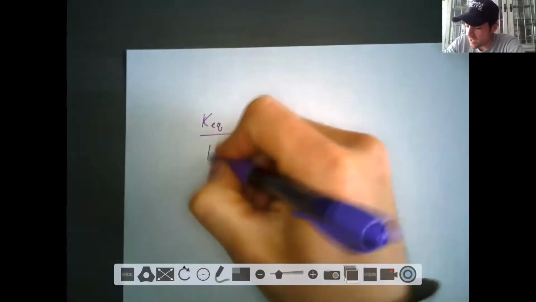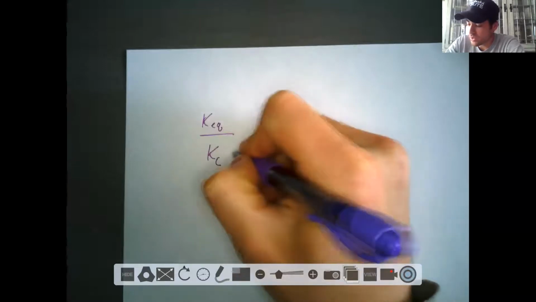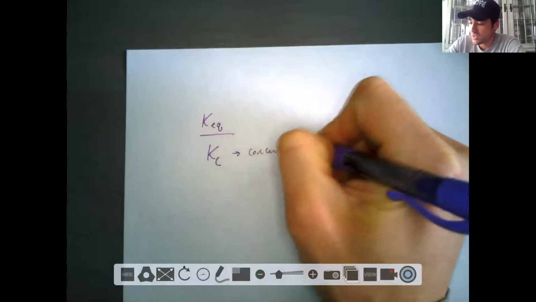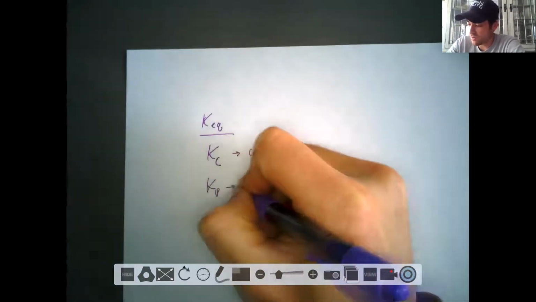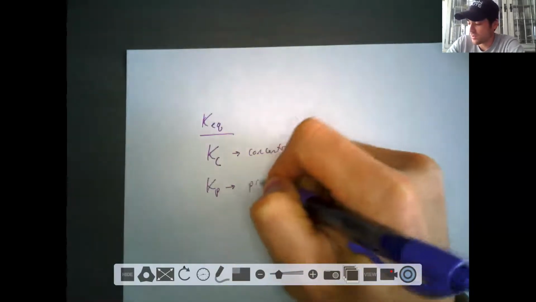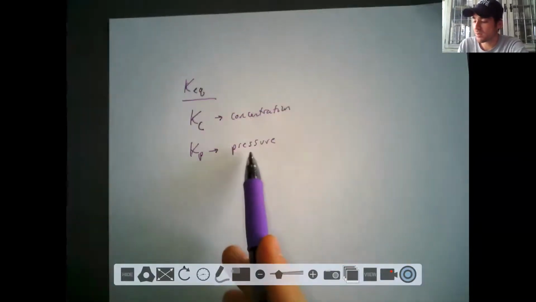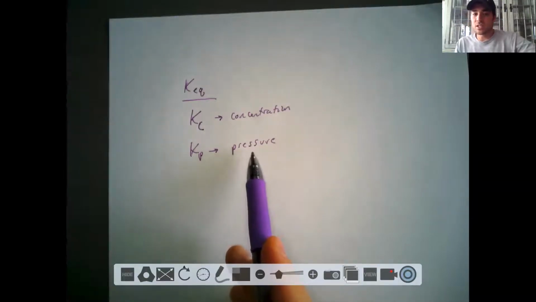And in that, you could have Kc, which would just be in terms of concentration. You could have Kp, which we would do in terms of pressure. So remember that pressure is used when we have gases. So we can use that for gases.